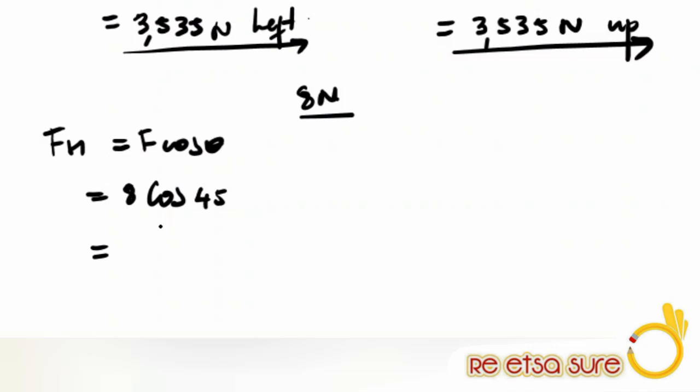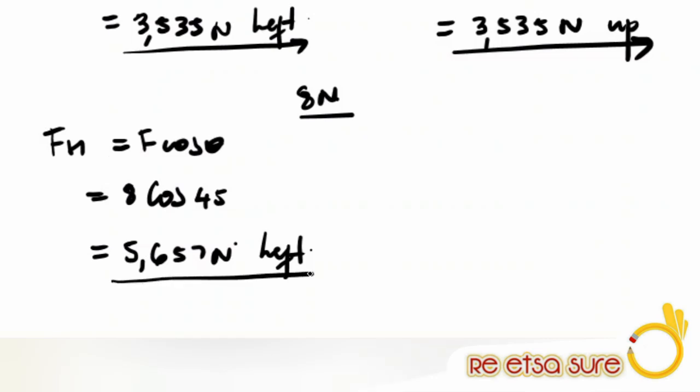So now when I press my calculator, the value that I get there is 5,657 Newton. And then what is our direction for this one? The direction for this one is also to the left. Okay, so now we are still on 8. Let me determine the force vertical for 8. Force vertical is equal to F sin theta.